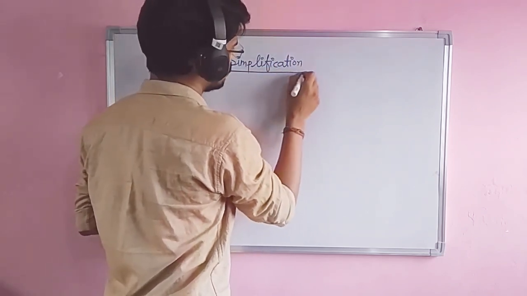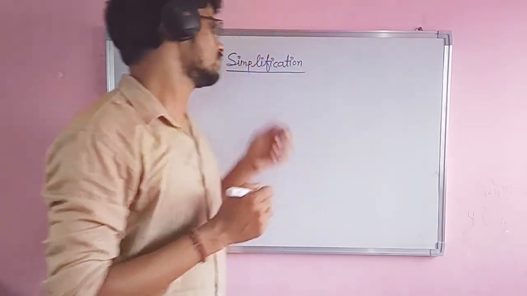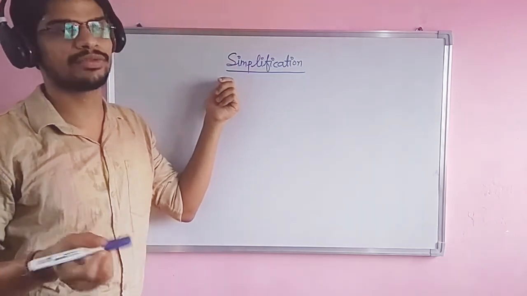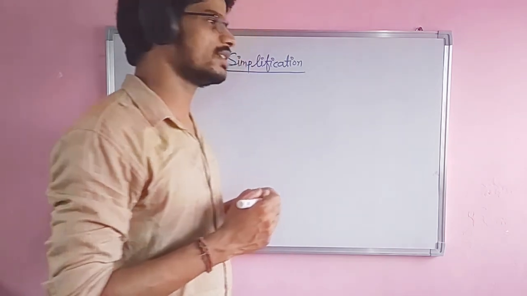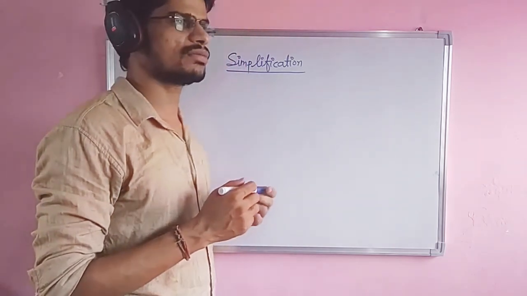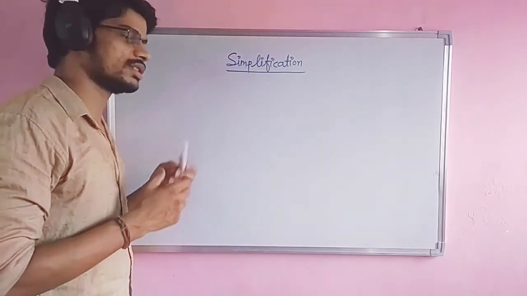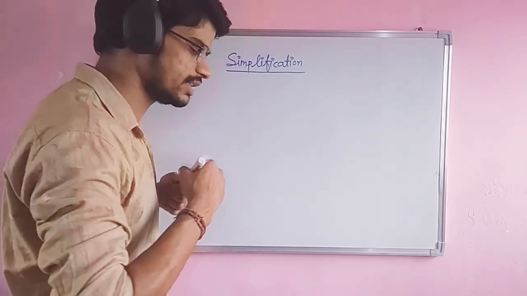There are various types of questions asked in the competitive exams from the simplification section. That's why we discuss various examples, various questions, and various methods of simplification, and how to solve the question within seconds. Let's take an example.